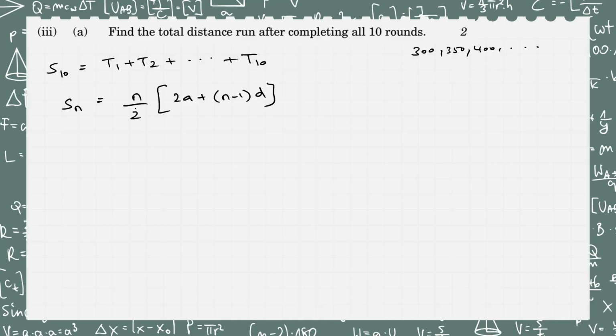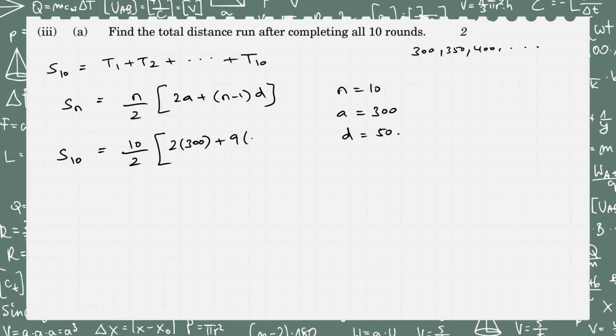So n is 10 here, and a is 300 here, and d is 50 here. So S10 is equal to 10 divided by 2 into 2 times 300 plus n minus 1, which will be 10 minus 1, 9, and d is 50. And this 2 and 10 we can cut.